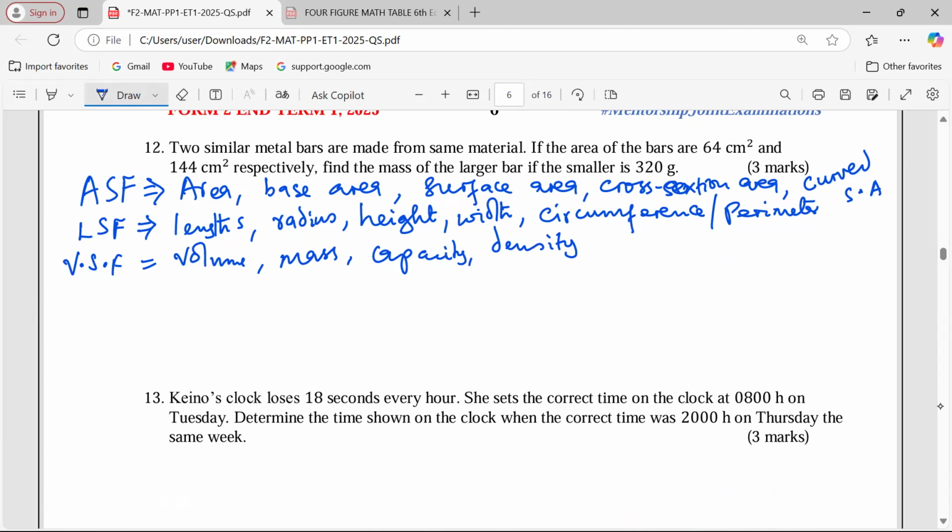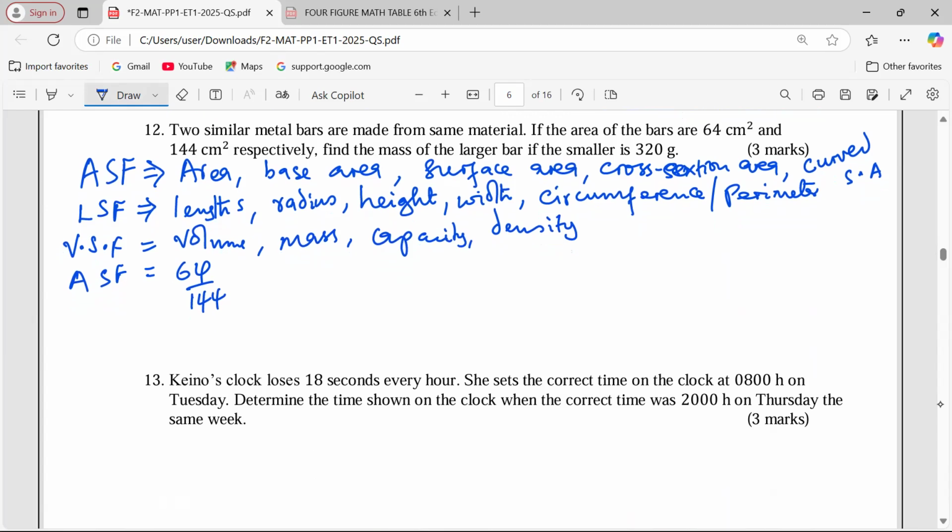So from what has been provided in this question, we have two areas, 64 and 144. Therefore, what we can get is the area scale factor, which is going to be 64 over 144.